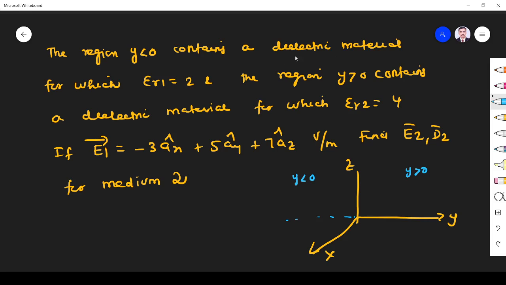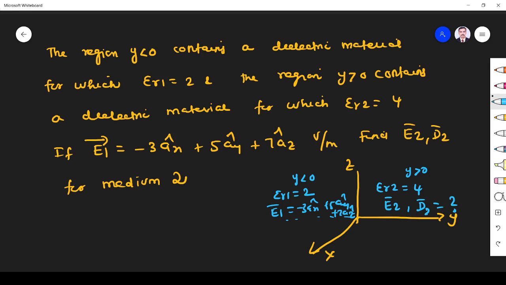Y less than 0 contains dielectric material epsilon r1 equal to 2. This has material epsilon r2 equal to 4. Here E1 is minus 3ax plus 5ay plus 7az. We have to find E2 and D2. What is E2 here, and D2?